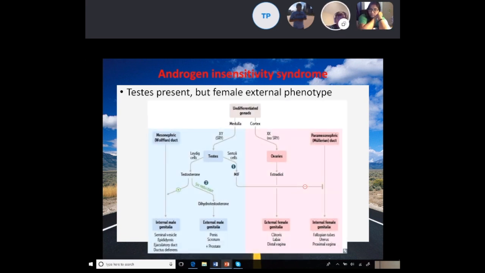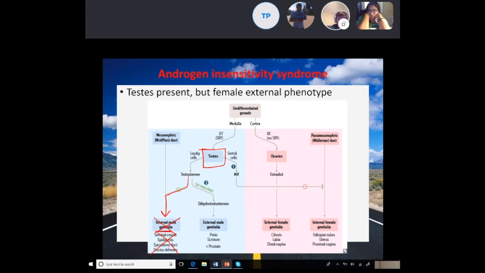If we have testes, but we don't have the end organs working, we're not going to get the external and internal male structures.